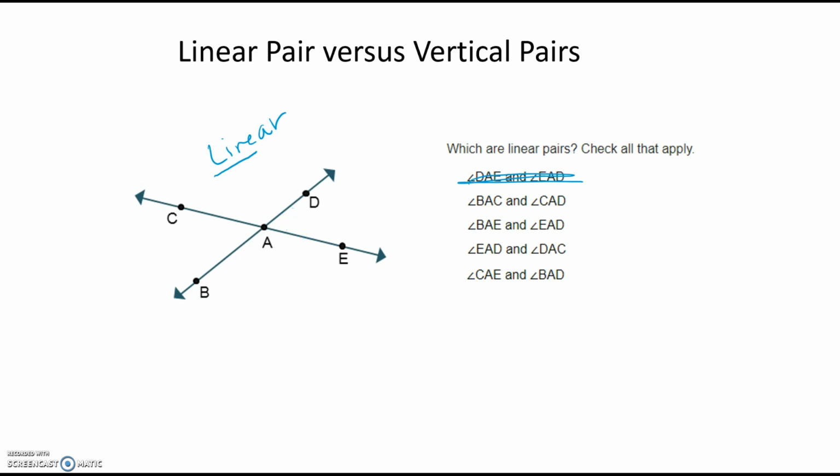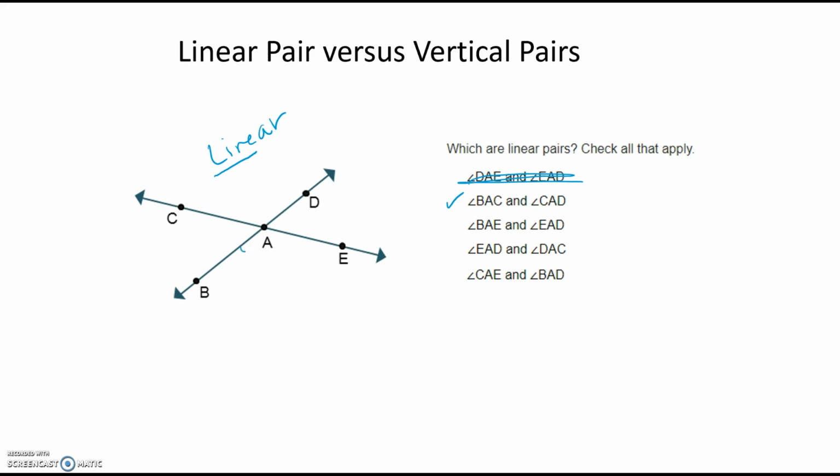Let's try the next one. BAC is right there, and then CAD is over here. So we have those two angles marked, and what we want to see is whether the outside edge of both angles forms a straight line. Yes, it does.